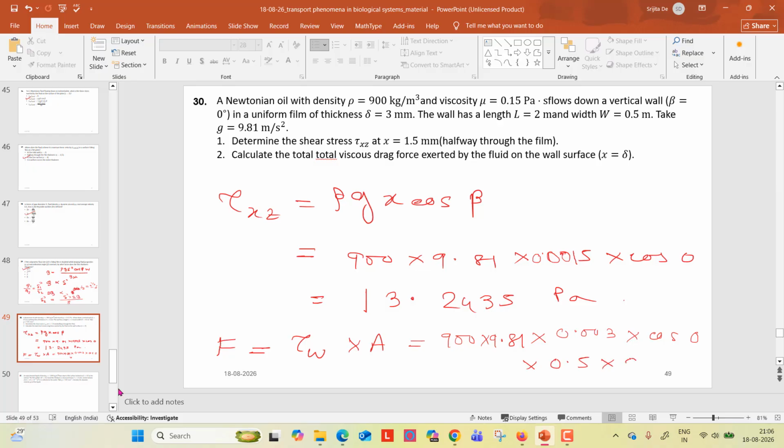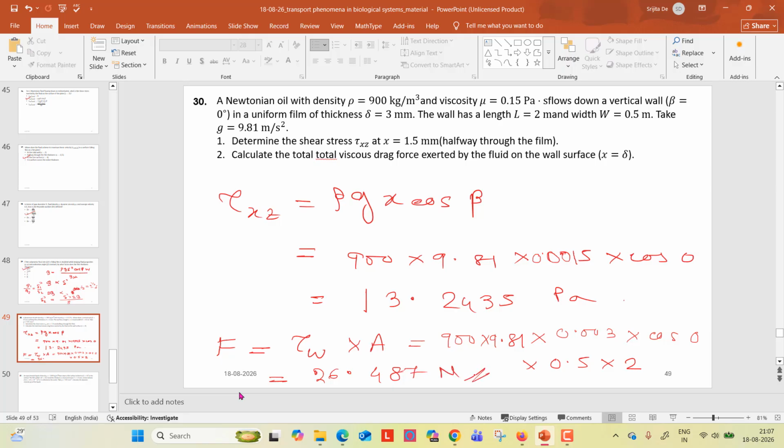So drag force is coming as 26.487 Newton, right?